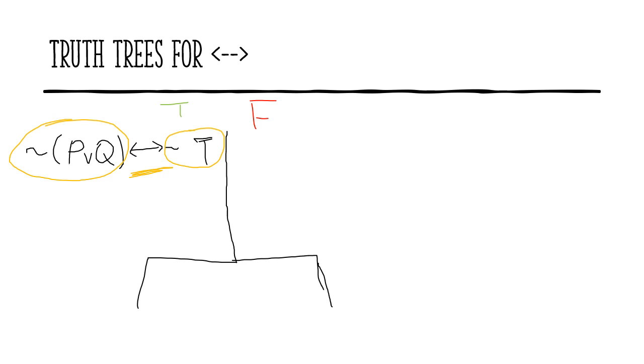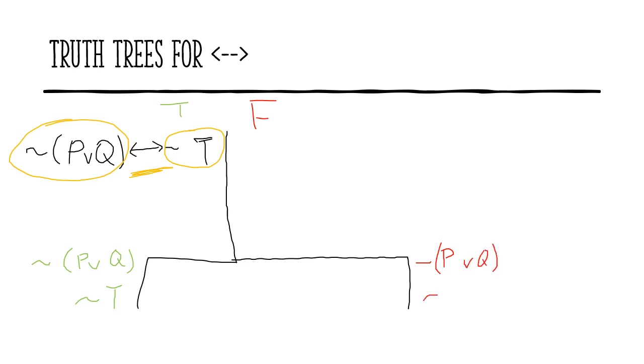It's going to be wherever both sides match. Wherever tilde (P or Q) is true and tilde T is true. Or wherever tilde (P or Q) is false and negated T is also false.